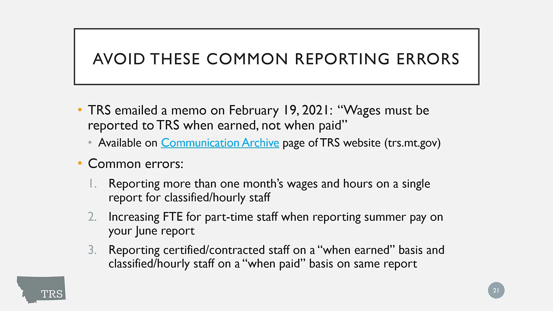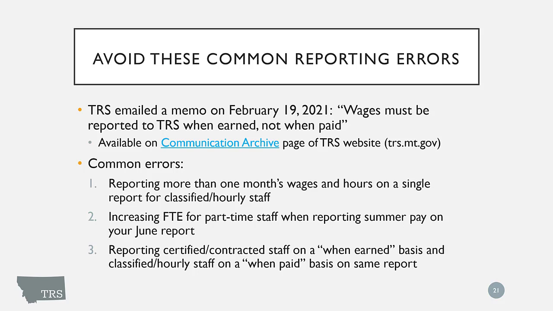There's really no one size fits all for each school district, but some of the common reporting errors that we've seen on this issue are that some clerks are reporting more than 1 month's wages and hours on a single report for their classified or hourly staff.